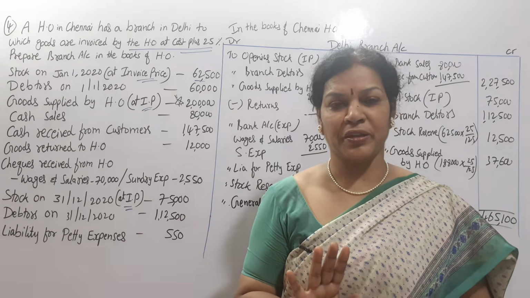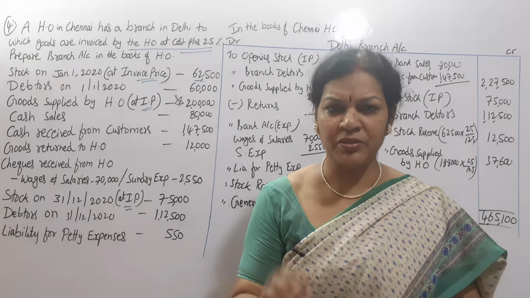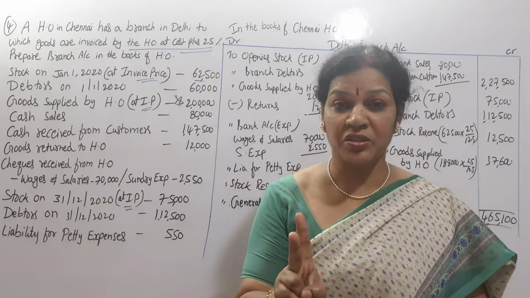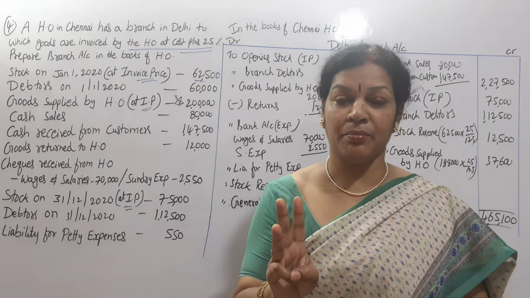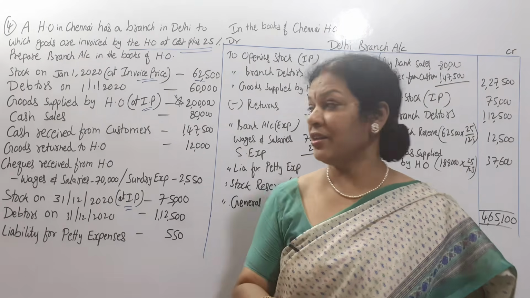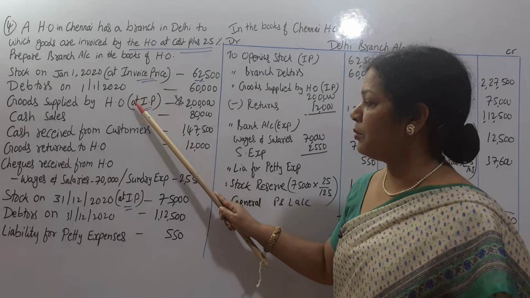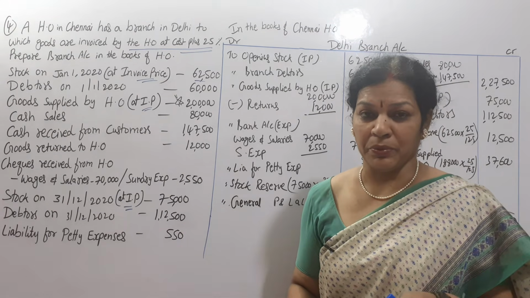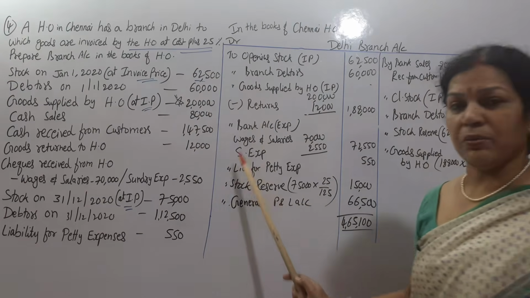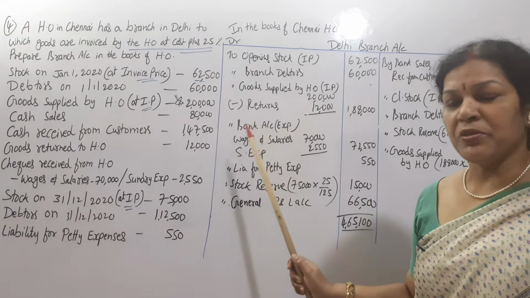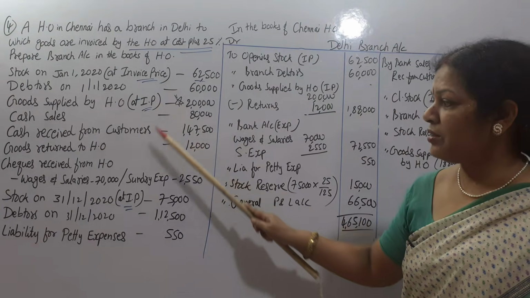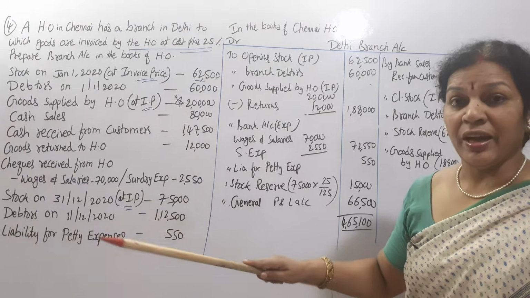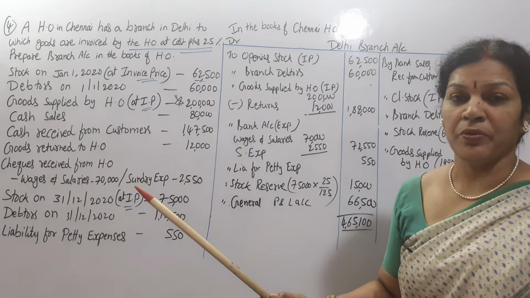Whenever invoice price is given, invoice price will be always only on opening stock, closing stock and goods sent by the head office, only on these three. Invoice price means something is added, that we have to remove. Normal entries we have posted, right? After posting it, wherever invoice price is, that we are cancelling, by writing on the opposite side.